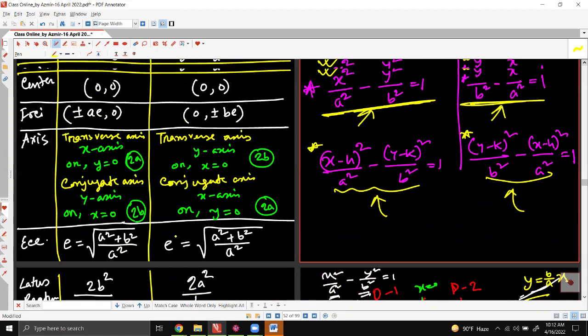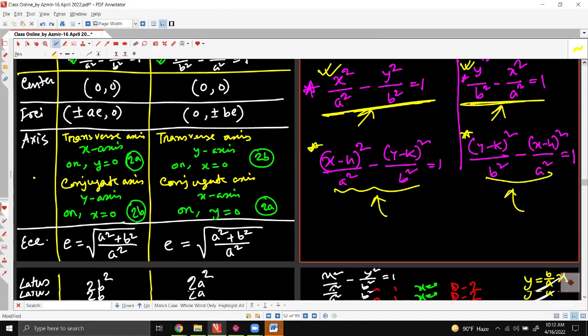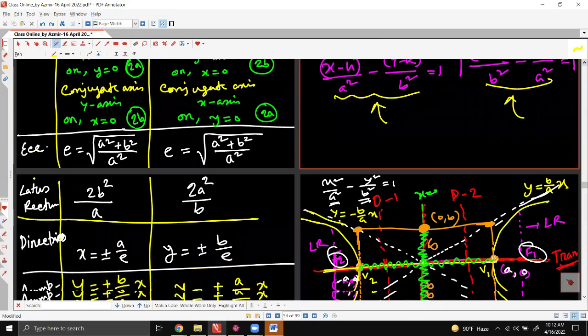You can convert the equation to any of the standard forms, and then you can think of this as capital X squared, capital Y squared. So automatically you will have all the information: center, foci, axis, eccentricity, like that.